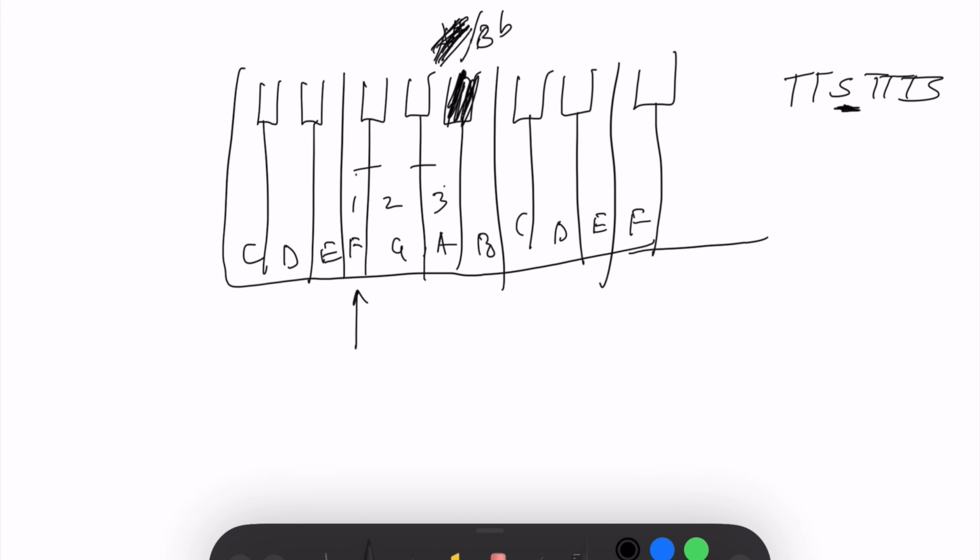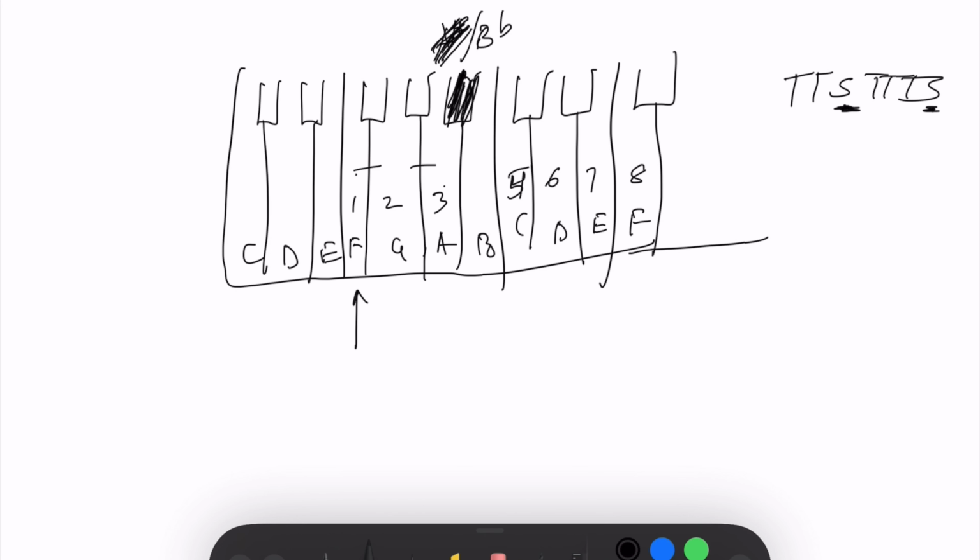To get the fifth note, we'll take C. To get the sixth, we will take a tone. To get the seventh, we will take another tone. And to get the eighth, it's a semitone, and rightly so, there is a semitone distance here between E and F, so that will be our eighth note.